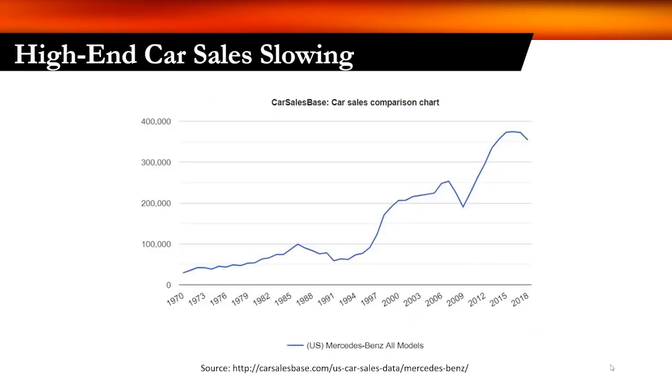Another economic indicator we might not see advertised much is year-over-year growth in Mercedes Benz sales. And this might sound like a trivial concern. I mean, there's maybe 350,000 sold in the past few years.